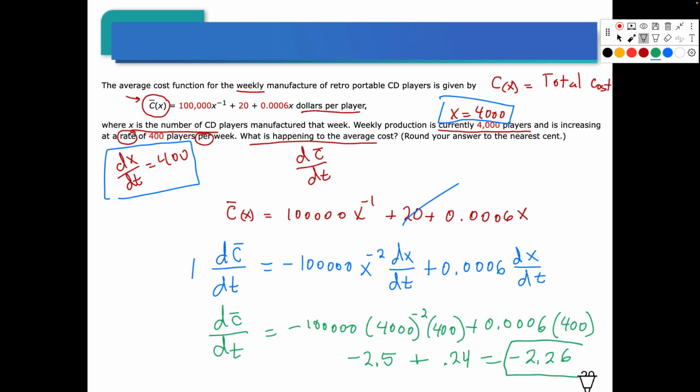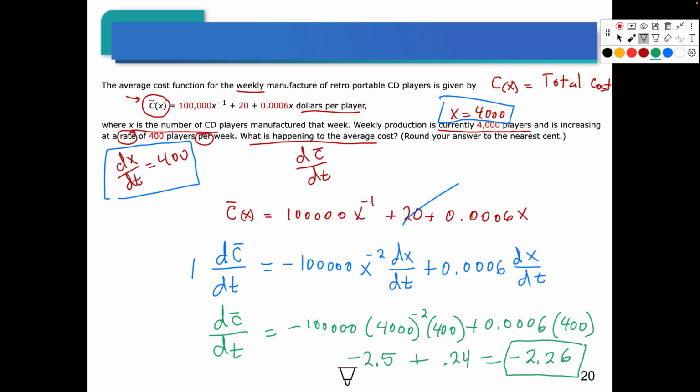And what is that? Remember, that's the rate of change of the average cost. So it's kind of like a marginal, right? Over time, on the weekly, if they produce another one, the rate of change of the cost is going down.